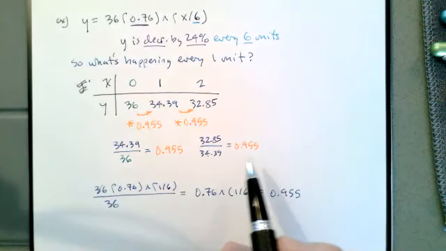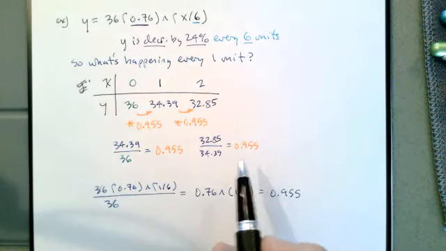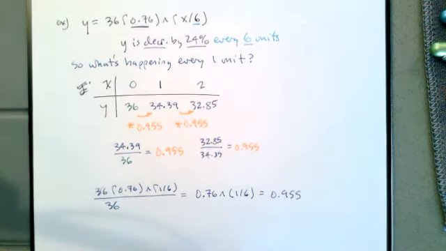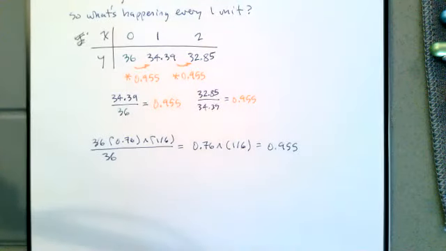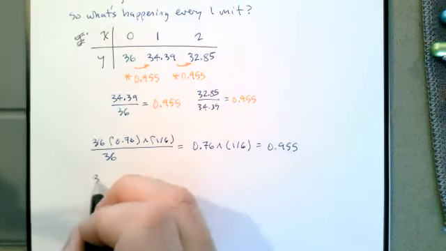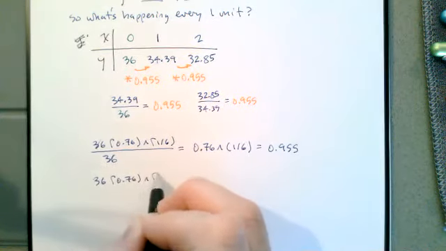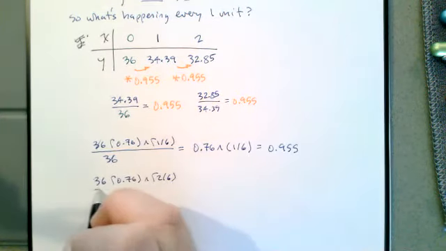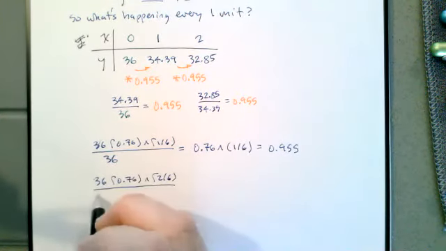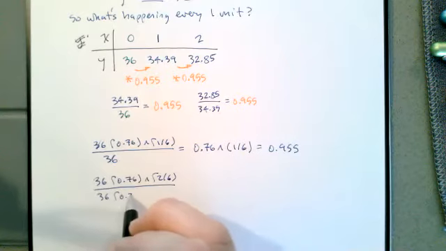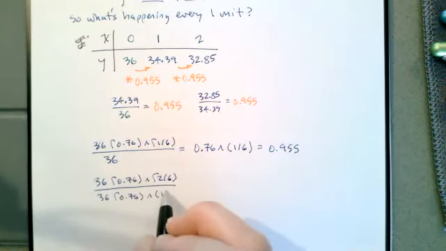If I look at the other way, I got this 0.955, and instead of just calculating the numbers, if I write out what my calculation consists of, I'll take 36 times 0.76 to the 2/6 and divide by 36 times 0.76 to the 1/6.